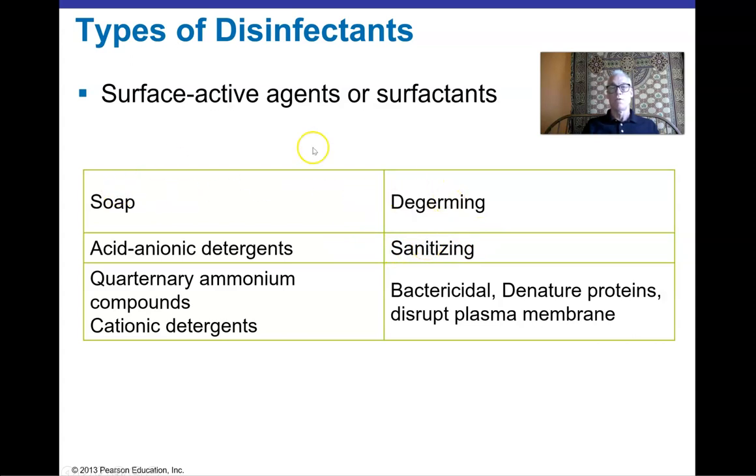Soap is just fatty acids that can whisk away microbes oftentimes from the surface because it has the ability to separate the bugs from the surface and rinse them away. So quaternary ammonium compounds are pretty good at cleaning up, at denaturing proteins and preventing microbes from surviving and growing.